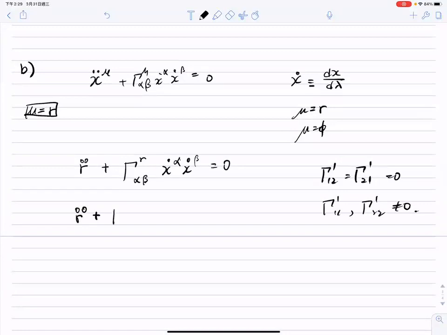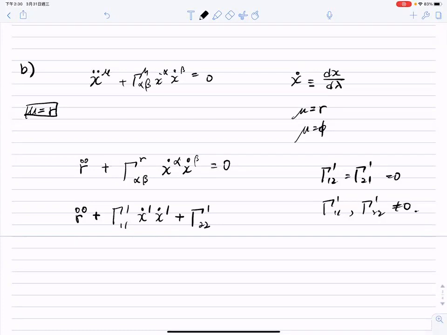With the Einstein summation, it will be big Gamma r, 1, 1, 1 times x dot 1 x dot 1, which is r dot, plus the big Gamma r, 2, 2, which I write down as 1, 2, 2, because it is the second non-zero term.